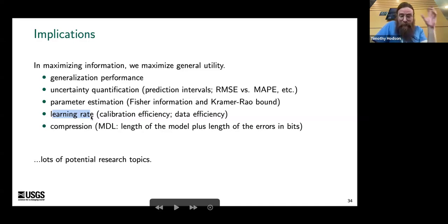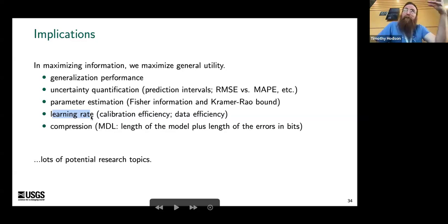And then finally, this is a little more abstract, but it also affects compression. And this just goes back to the MDL interpretation where the description length is the length of the model plus the length of the error bits. So, if you have more accurate models, it's allowing for better compression of your data.